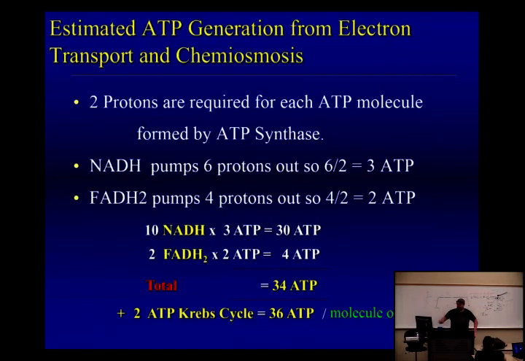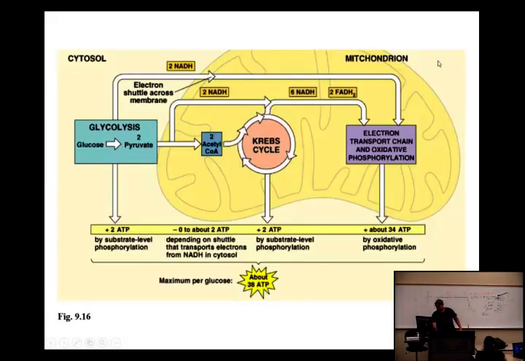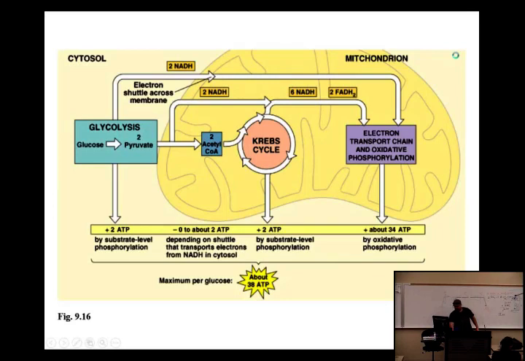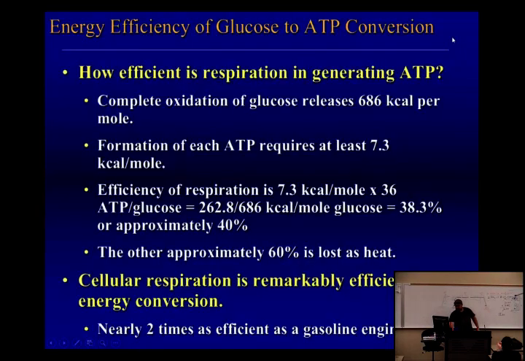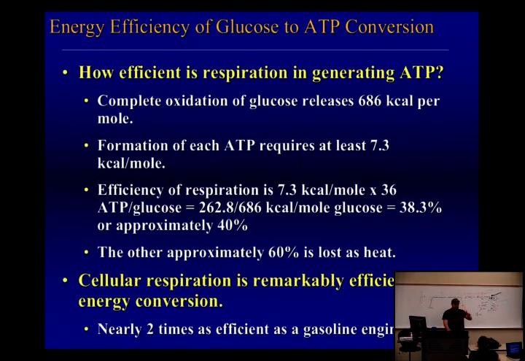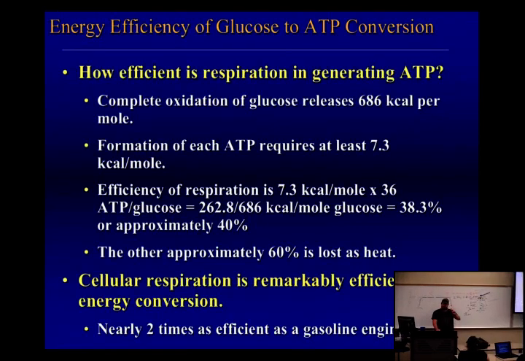Okay, so now we're going to play a little game. Question 1. How efficient are our organisms in converting the energy from glucose into the energy of ATP? Remember, what's the second law of thermodynamics?